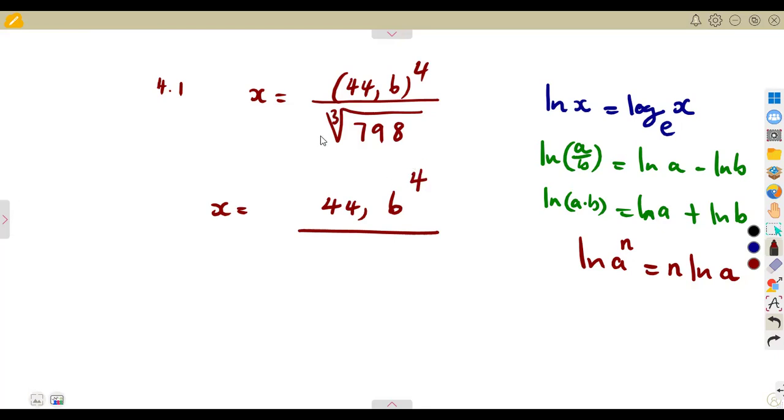Remember from your laws of exponents, x to the exponent of 1 over n means the nth root of x. So this is the cube root, which means there is a 1 here, 798 to the exponent of 1 over what is inside the root, 1 over 3.